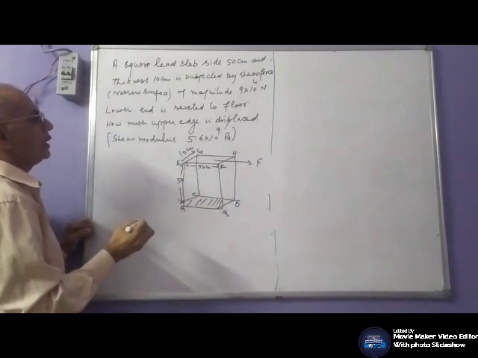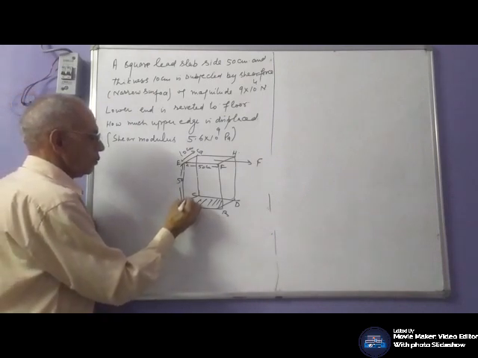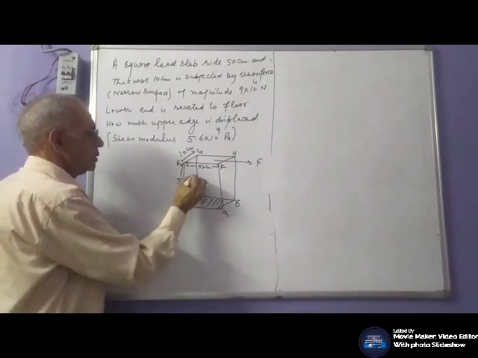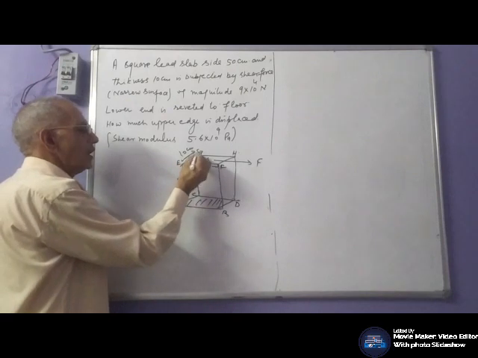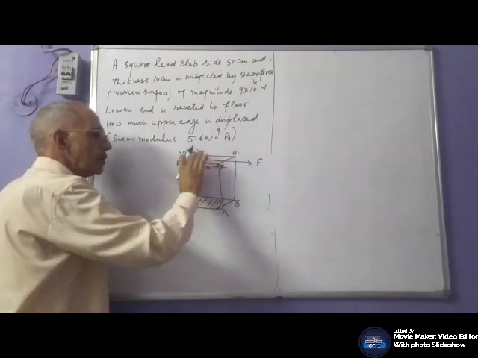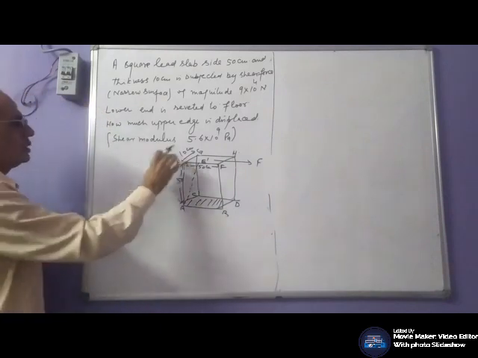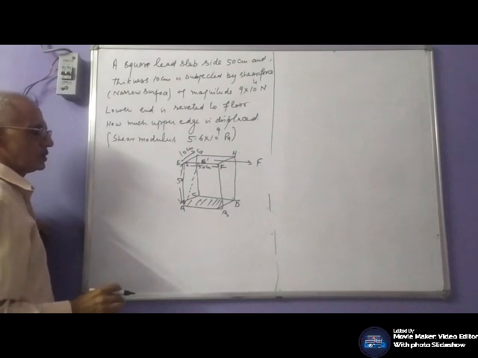How much is the upper edge displaced? So how much? Let this edge displace from E to E dash, G to G dash, F to F dash. This is the upper edge. How is this displaced, given the shear modulus.